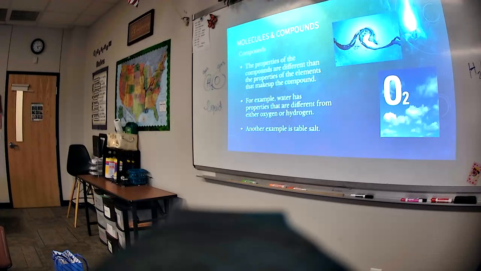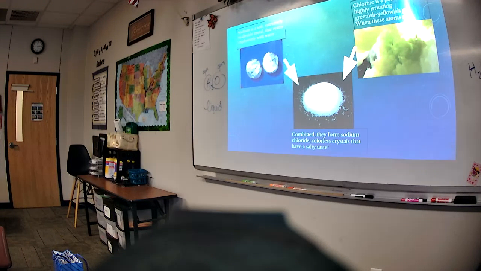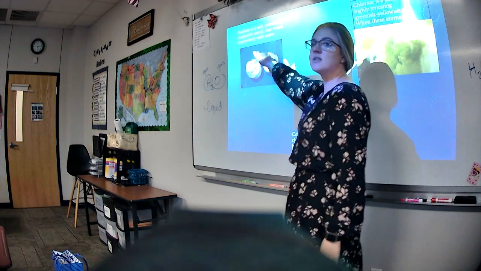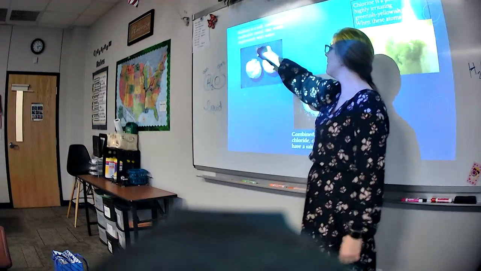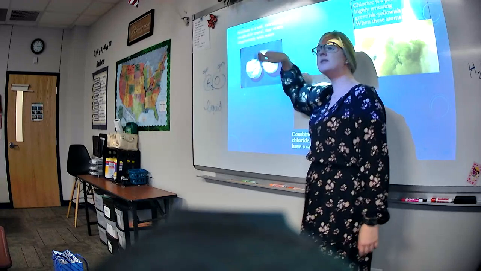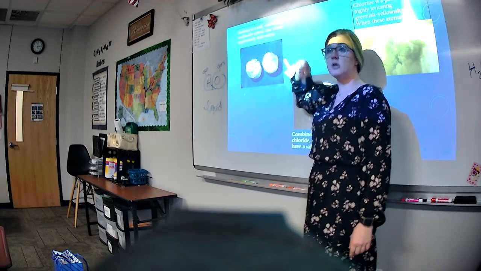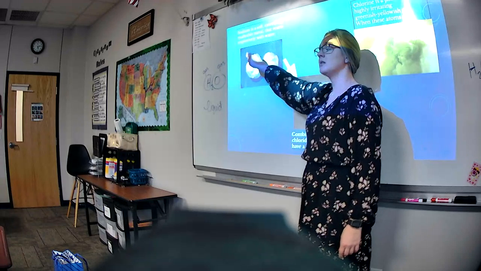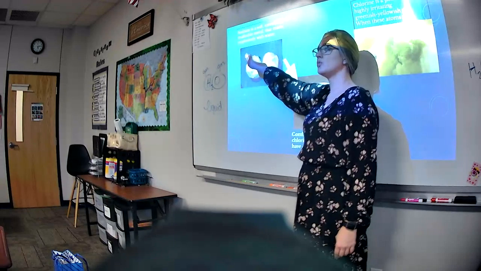Another example is kind of fun. Table salt. Table salt is made from sodium and chlorine. Now, sodium by itself is a soft, extremely malleable metal that reacts explosively with water. Remember the video of the sodium in the pond? That's sodium.